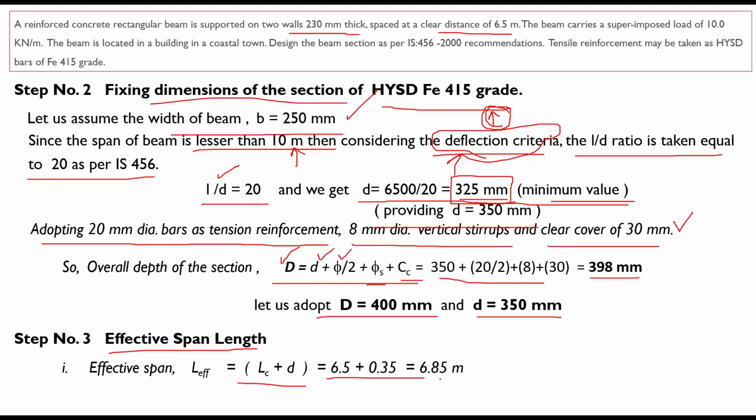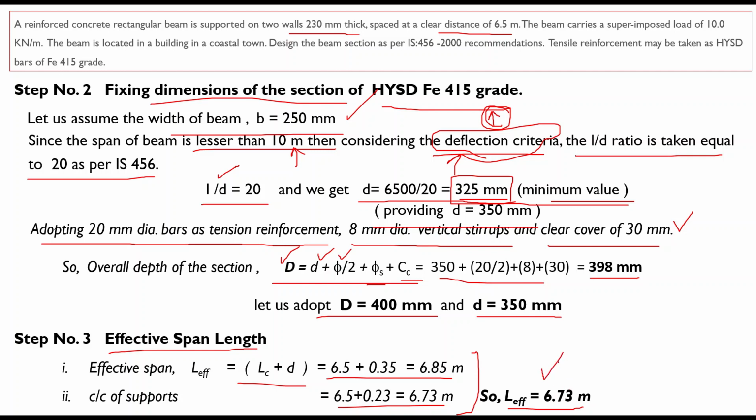So it comes out to be 6.85 meter. And the second condition is that we have to measure the center to center distance between the supports. That comes out to be 6.73. So we have to take the least value. So L effective, or effective span length, that we will take into consideration during all the calculations, is 6.73 meter.